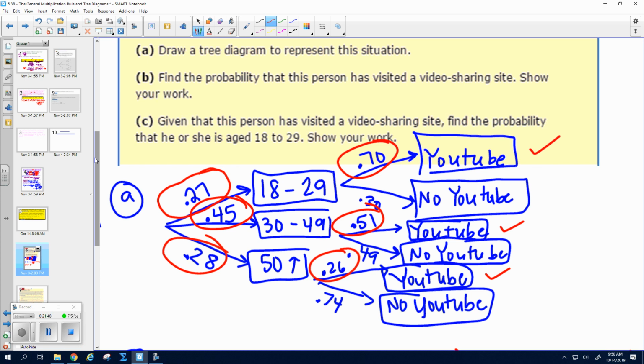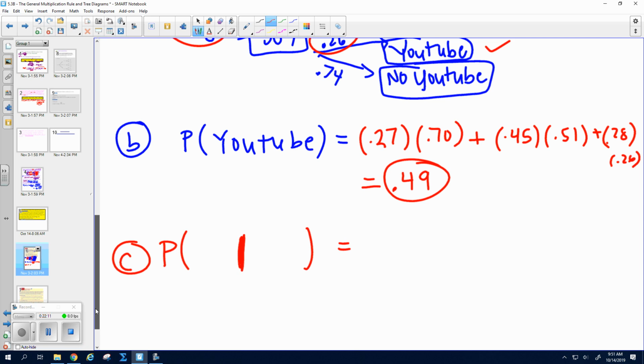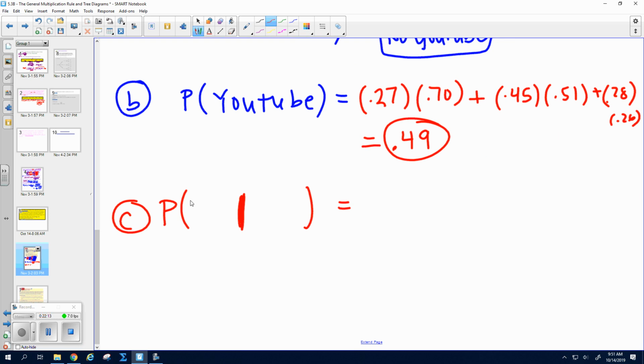Given that they have visited a video sharing site, also known as YouTube, find the probability that he or she is aged 18 to 29. Just that first part would be good. So Cassidy C, what'd you get? Perfect.